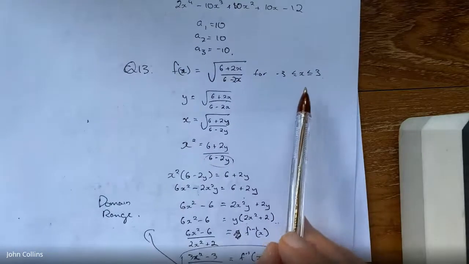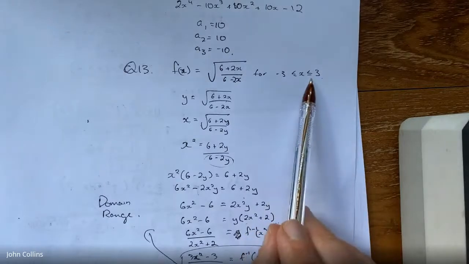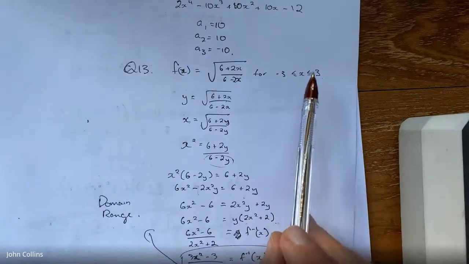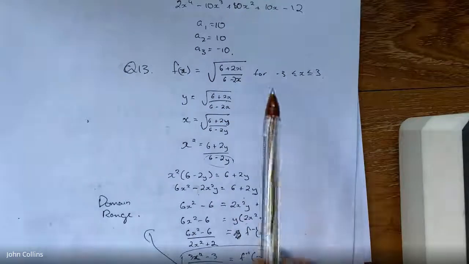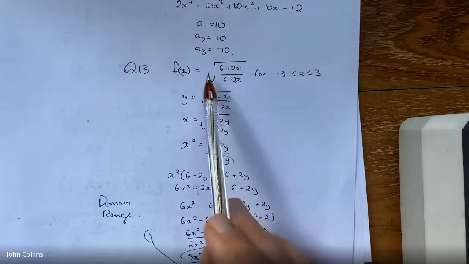Anybody? Why it wouldn't work outside minus 3 and 3? Blanca. Okay. Maybe it's too complex. Yeah, well, it'll give you a square root of a negative number.